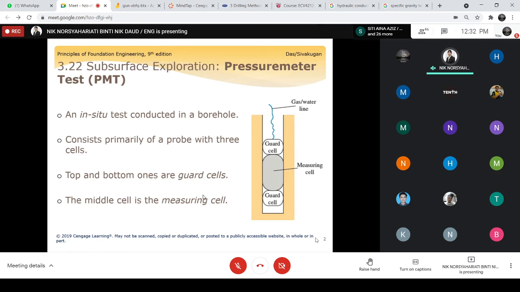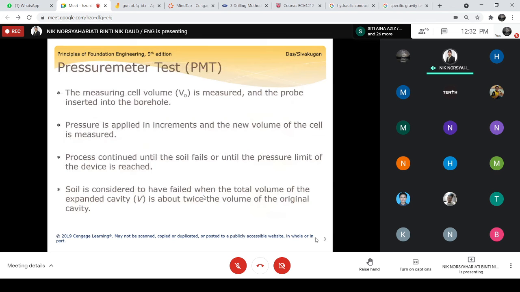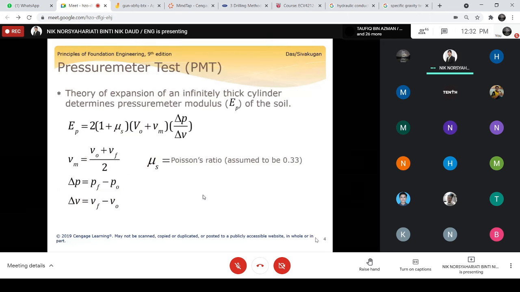The explanation of how to use the PMT has been given in your MindTap, so just read it carefully with the related figures. For the PMT, a theory is used, which is the theory of expansion, in order to determine the pressuremeter modulus, Ep, of the soil. So you can use this equation.